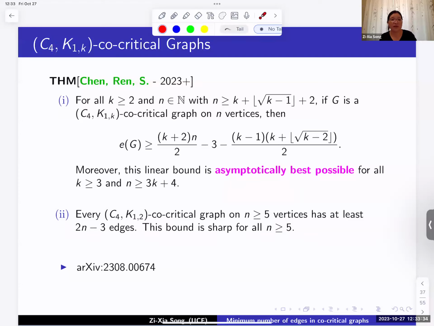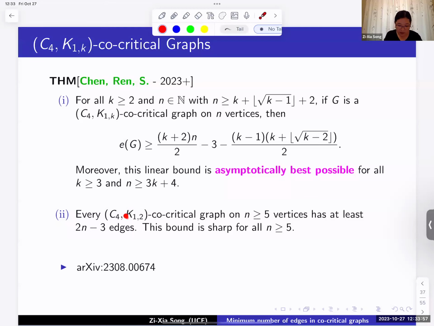What about C4-star? We were able to determine the minimum number of edges in C4-star co-critical graphs. The proof actually is quite cute. I really like it. And if this is a P3, we find the sharper bounds.